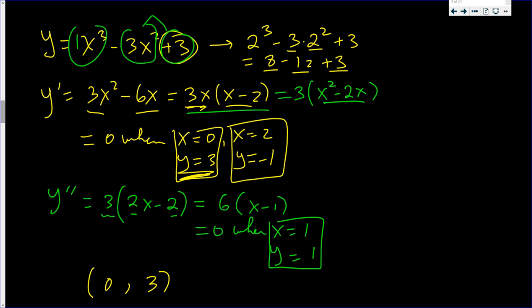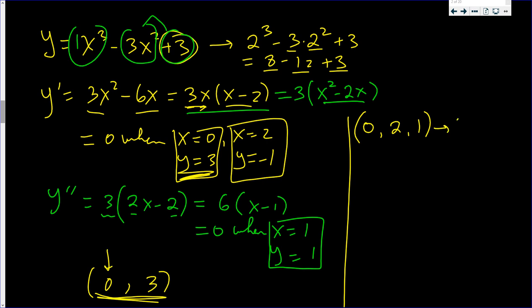Now, before we make up our table, we list all the x values that came up from the first or second derivative equaling 0. Not because we wanted to find the x-intercept. Actually, the y-intercept. I apologize. And then we put them in order. The order is 0, 1, and 2.